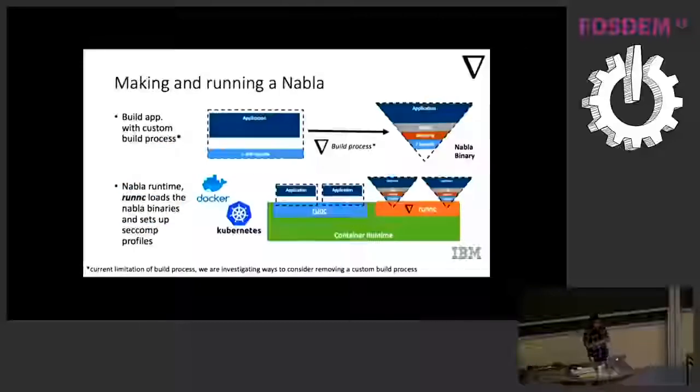So we've made the modifications to be able to run this. We have a runtime called runnc, which is an OCI runtime, a replacement for runc. The only difference is that the Nabla binaries are not traditional native binaries. They have special requirements.